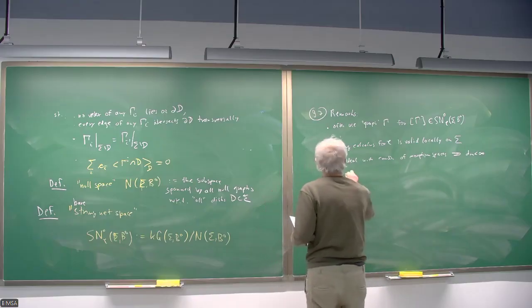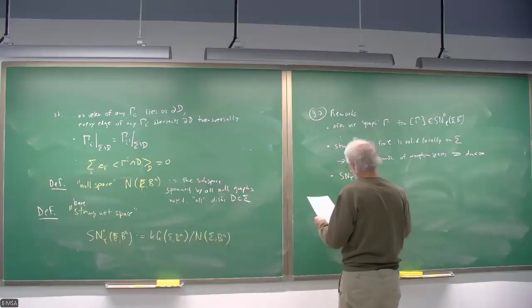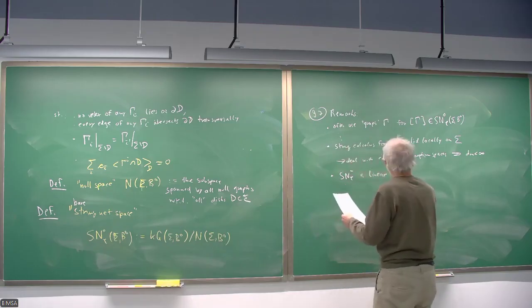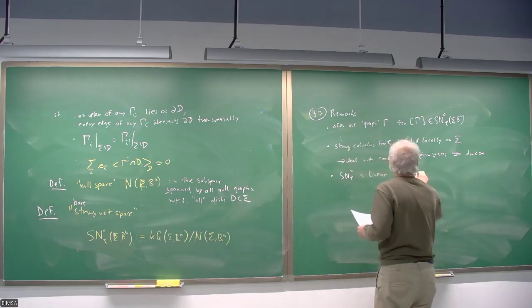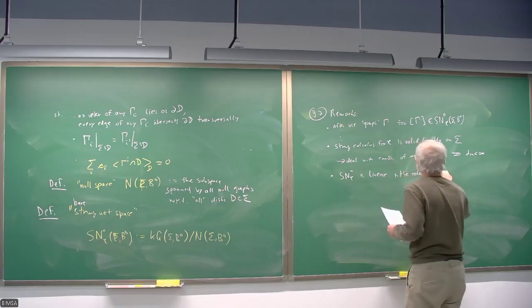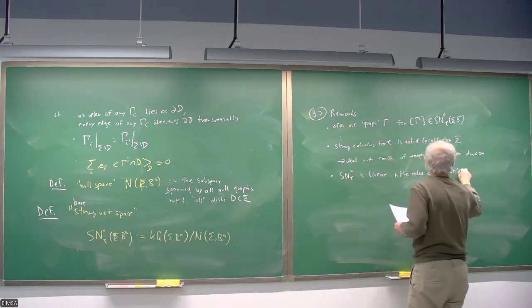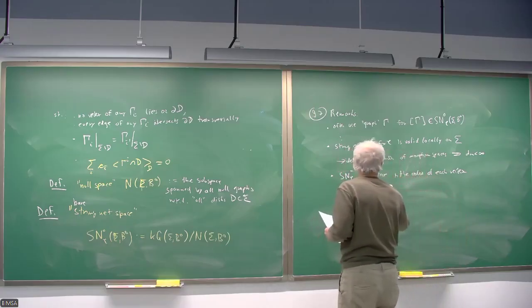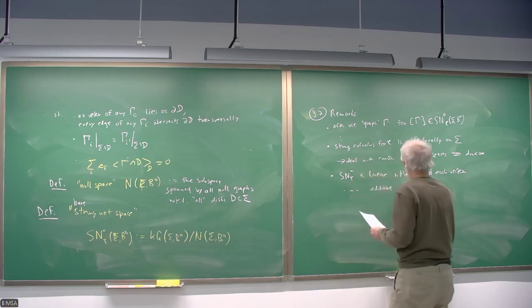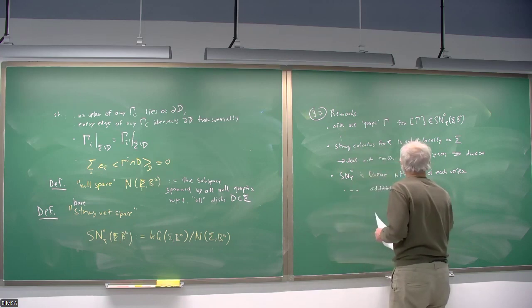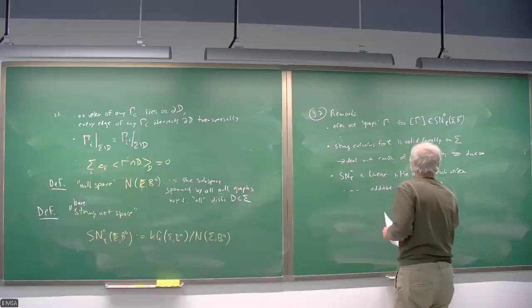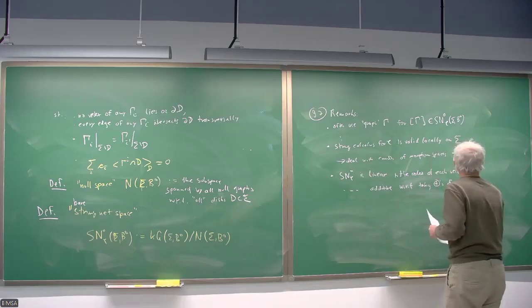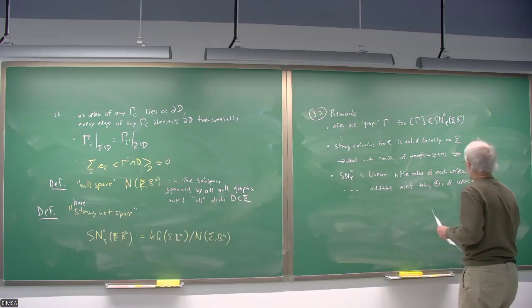Then also SN^0 is linear in the color of each vertex. And it is additive with respect to the equivalent sums of colors at the edges.